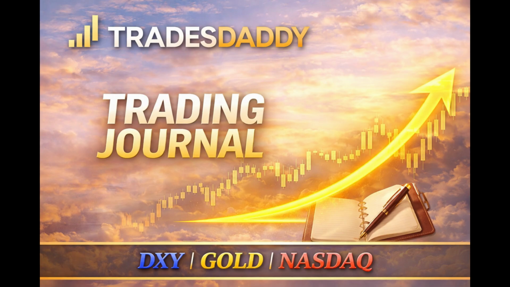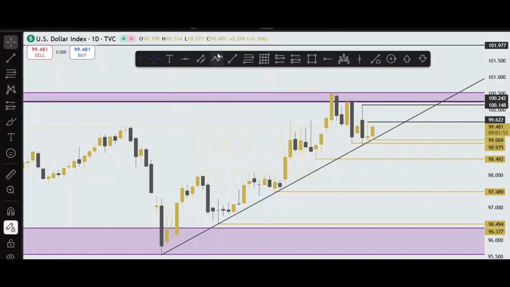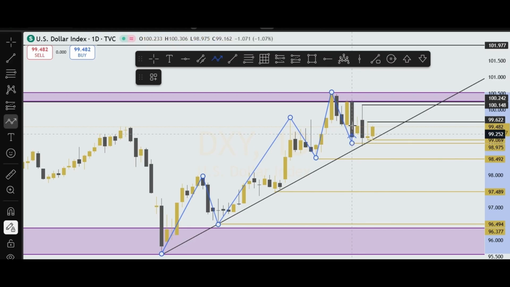The analysis is mixed with the trade that we took today. As you can see on the daily time frame, the US dollar is still maintaining that bullish movement going up. It hasn't given any indication that it's going in the opposite direction. Currently we are facing a smaller consolidation, but it still correlates very well with gold.